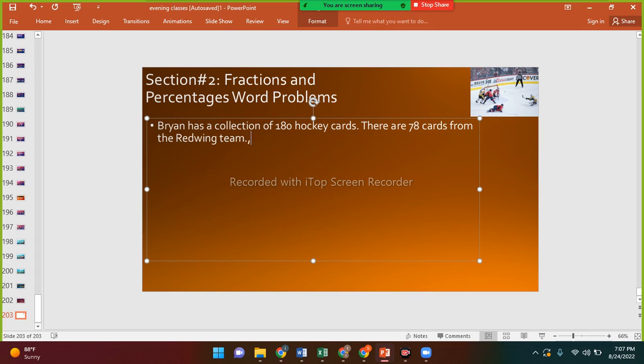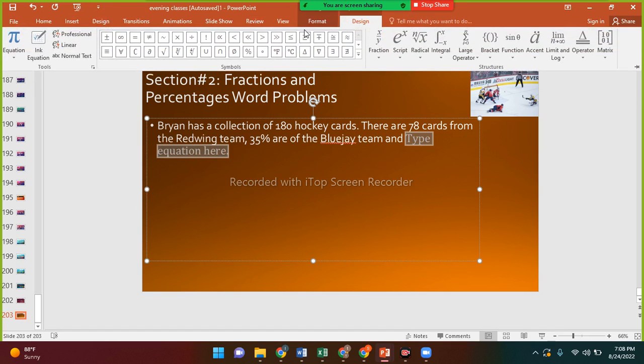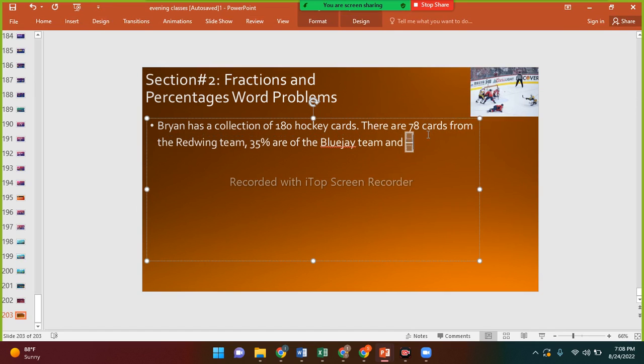Let's say that also from these 180 cards, 35% of it are of the Blue Jay team, and let's say that 2/9 are of the Falcon team.